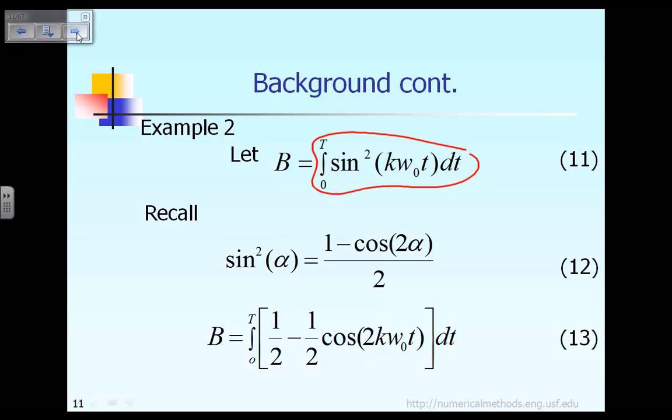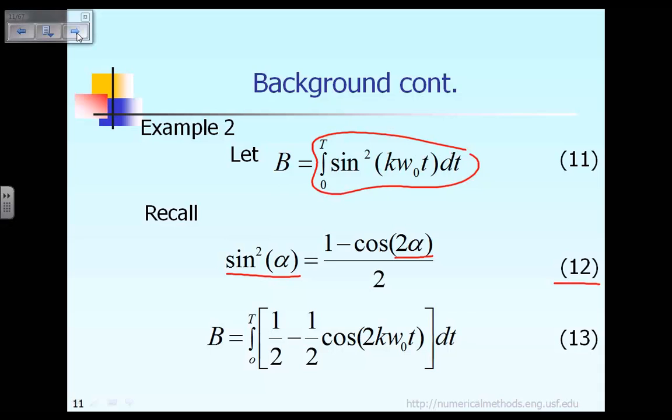However, from high school trigonometric relationships, according to equation 12, sin squared of an angle can be expressed in terms of a double angle: sin squared alpha is equal to 1 minus cos of 2 alpha, divided by 2.